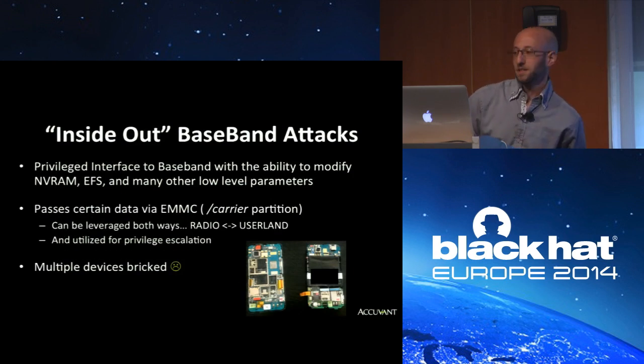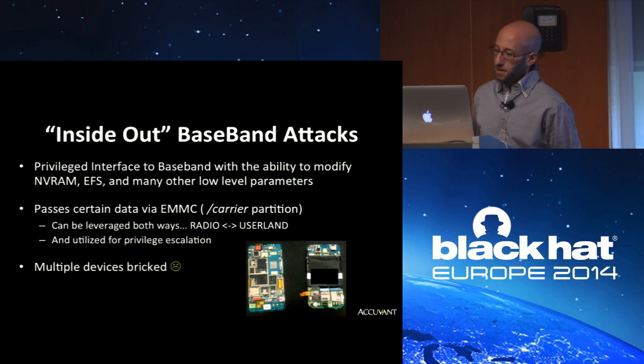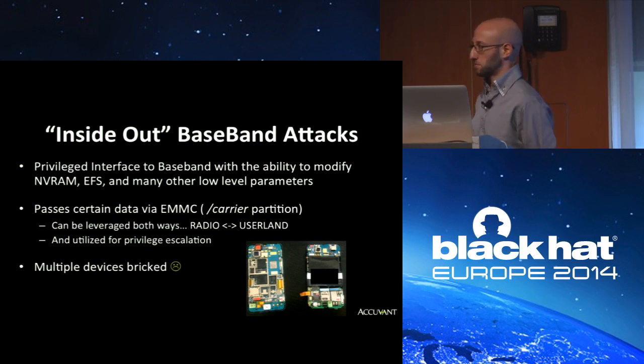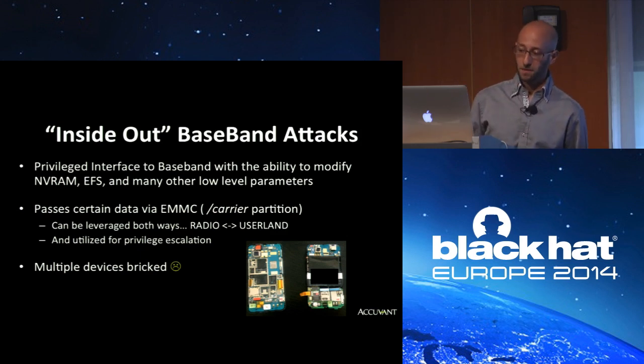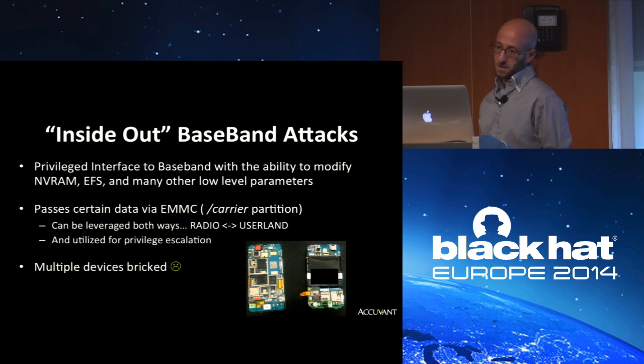Other fun ones, inside-out baseband attacks. So talked a little bit about this earlier, but these agents have very privileged access to baseband. They literally can read, write, modify NVRAM parameters, the EFS, and a bunch of other low-level settings.